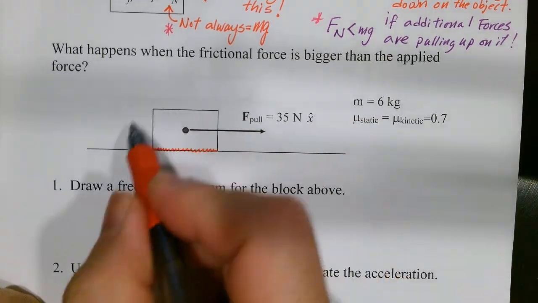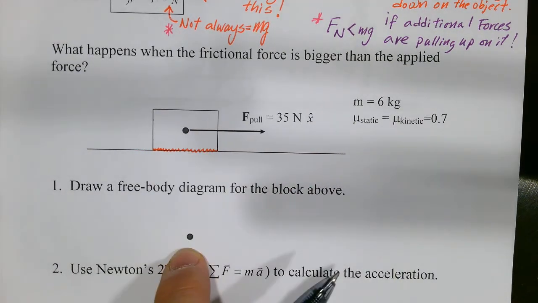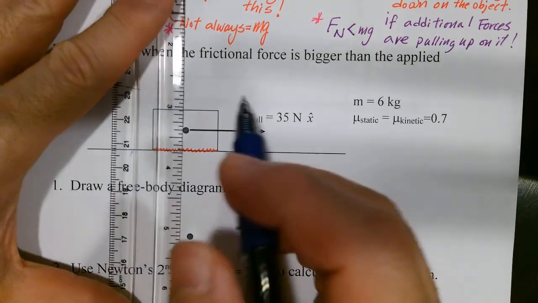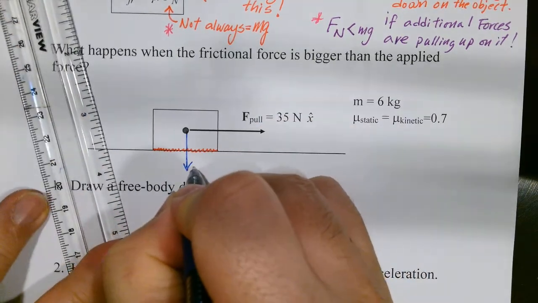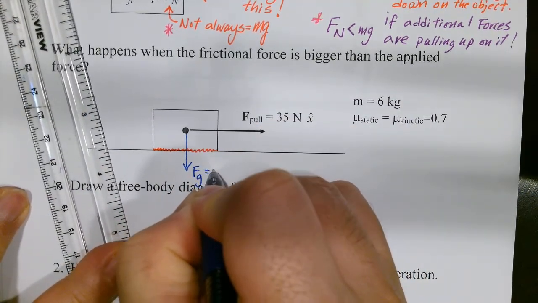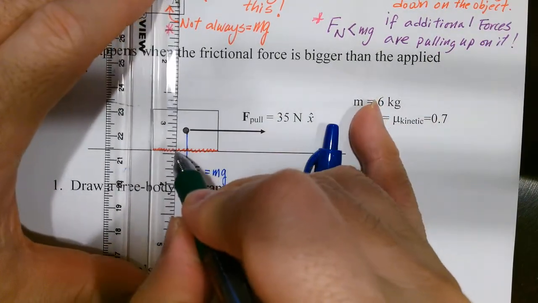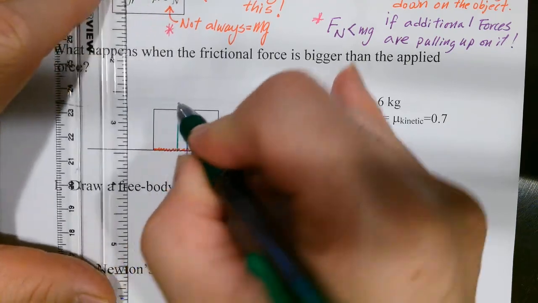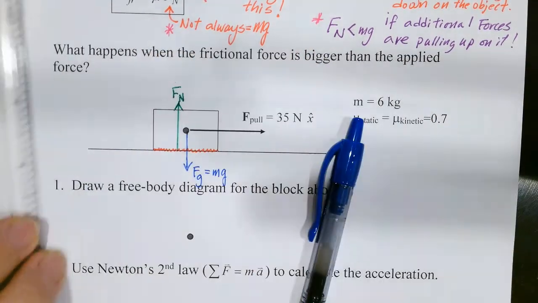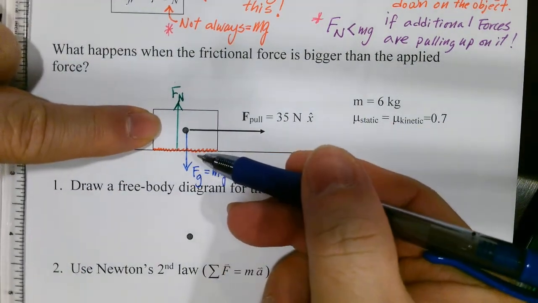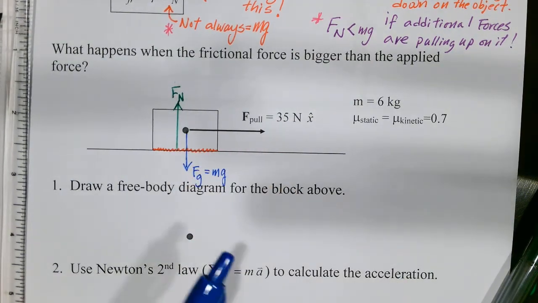Here, since there are no other vertical forces acting on it, we will have Fg going down and F normal going up. So let's draw those force diagrams. Here's my Fg, which is equal to m times g. And then there's a normal force from the table to the object, and that's my F normal. In this case, because there are no other vertical forces other than mg, F normal is equal to mg.